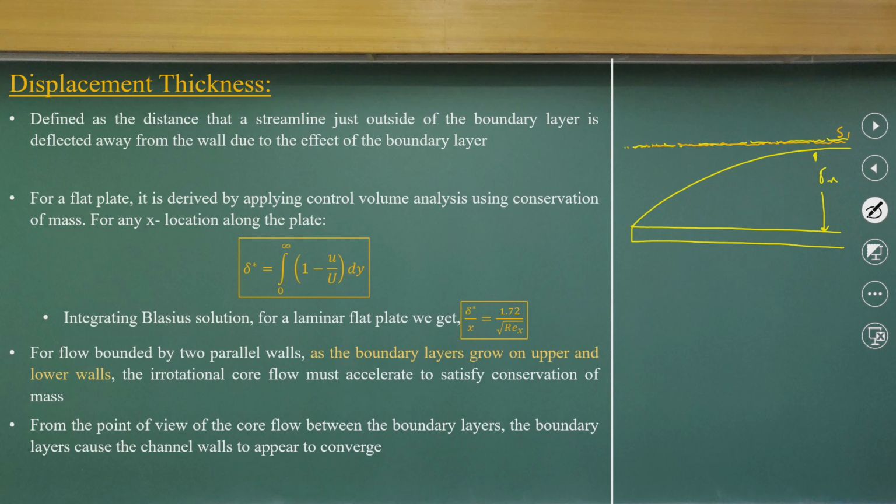That is why it is a uniform stream flow. Now, because of the boundary layer formation, the streamlines will not go straight and parallel; they will be deflected.